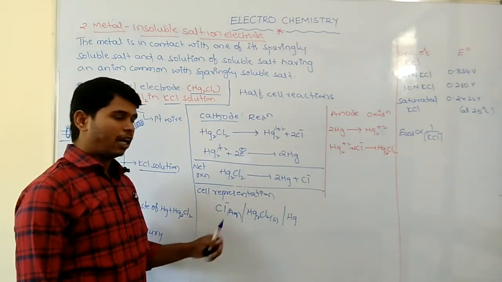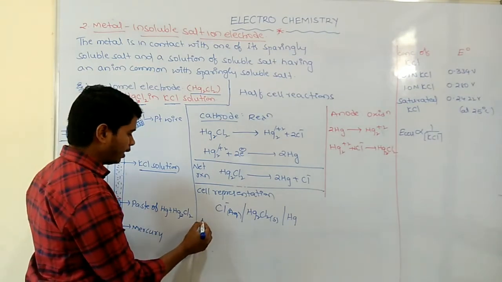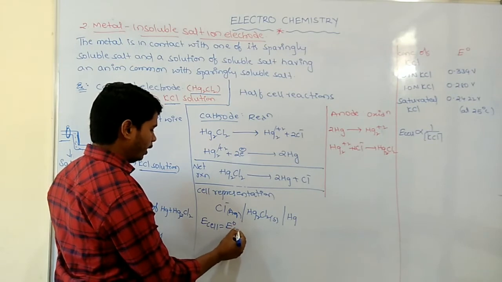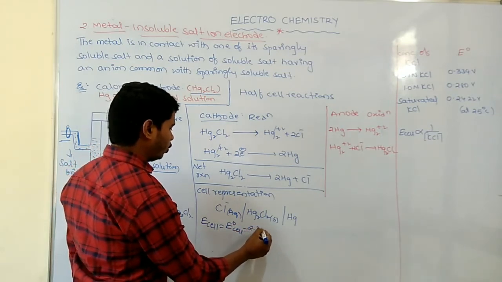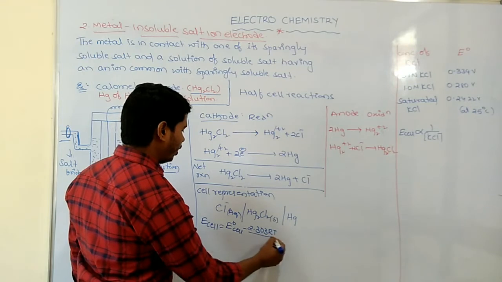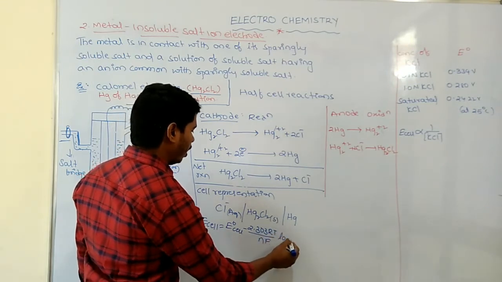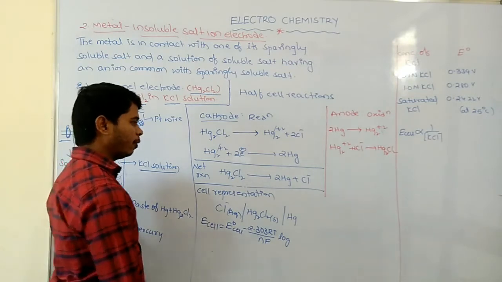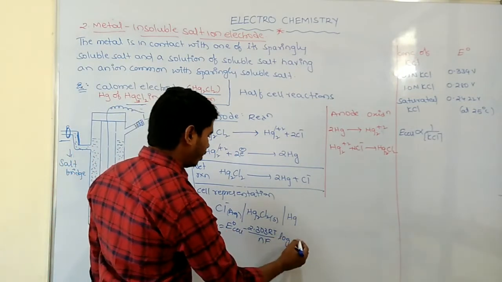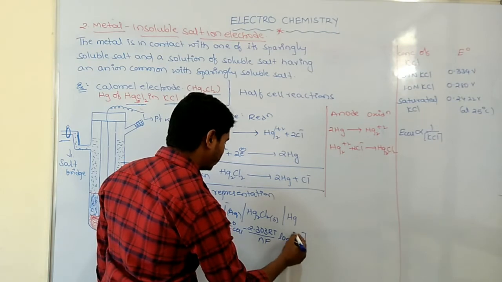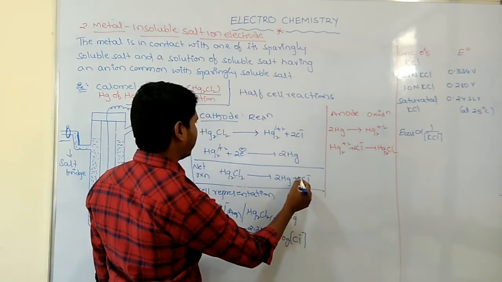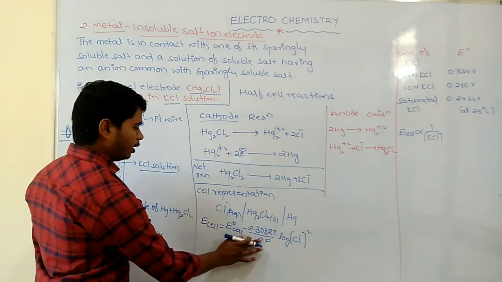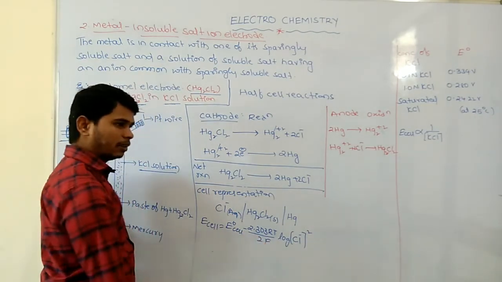The cell potential of this calomel electrode is calculated as E cell is equal to E naught cell minus 2.303 RT by nF log concentration of ion by concentration of metal. So here the concentration of ion is Cl minus, two Cl minus ions are there, and n is the number of electrons.